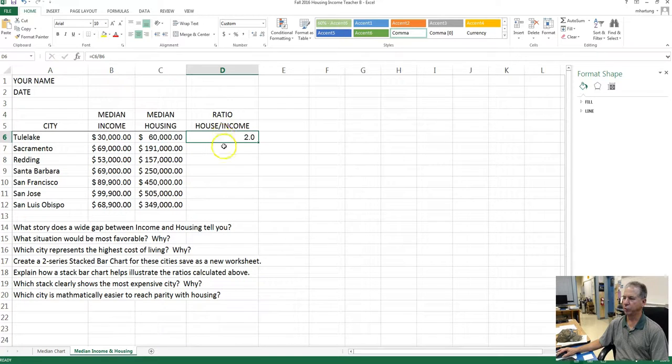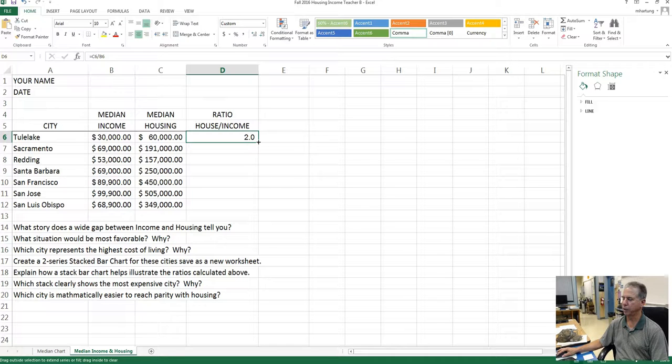And then what we'll want to do is that same calculation for each of the remaining 6 cities. A shortcut we can use for that is to simply copy that same formula by grabbing the fill handle located here in the lower right hand corner of the active cell. And you'll notice that when you point to it, it turns to a black cross.